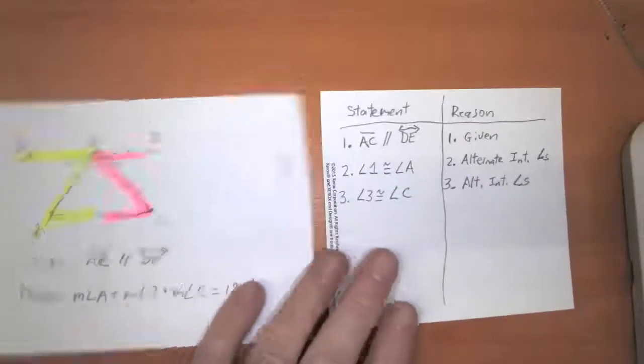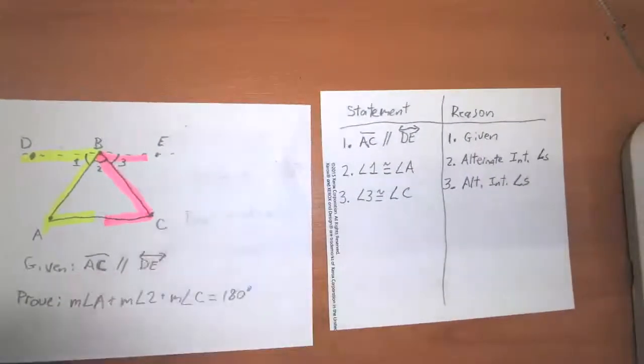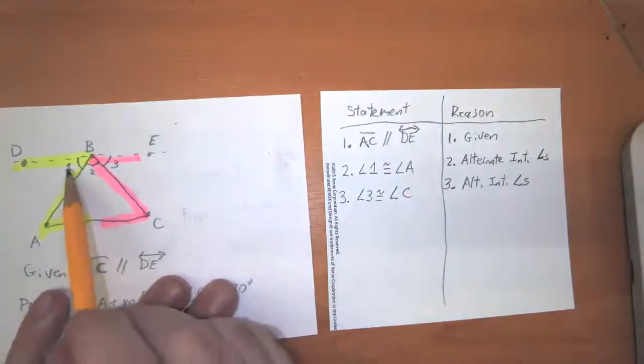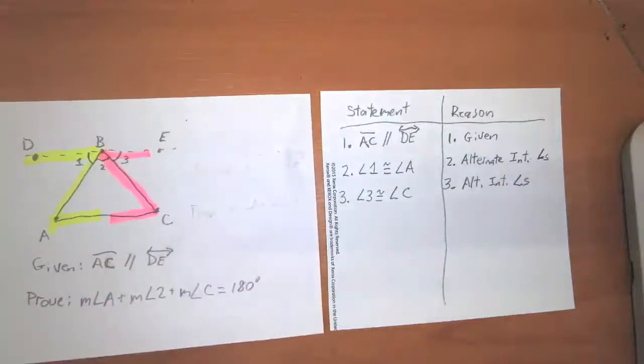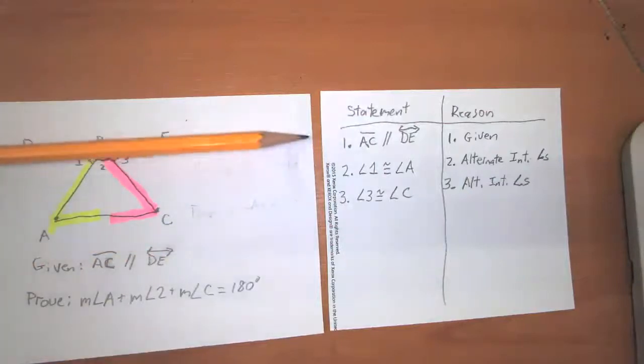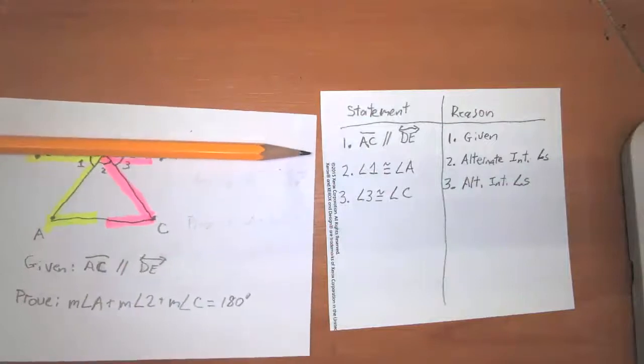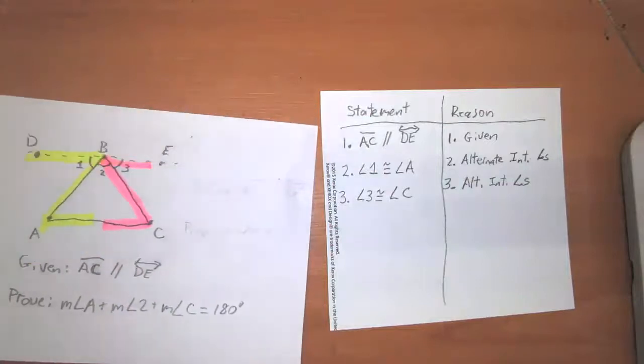All right, so that's pretty cool. The next thing I want to do is I want to talk about a relationship between angles 1, 2, and 3. Because what do you notice about those three angles? Well, those three angles are part of this straight line. If we put them together, they're going to make a straight line.